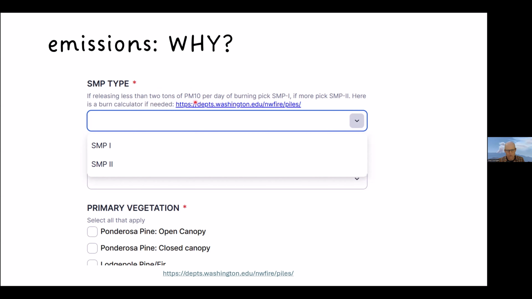But as a rule of thumb, this particular state smoke management program has decided we can make people do some extra paperwork at that. That's our comfort level for a cutoff of when we really want to dig in and make sure all the ducks are in a row and the day is a good day and the fuel is dry and not going to make too much smoke and the burn boss knows what they're doing, et cetera. So really that's what happens when you hit SMP 1 or 2. If you hit SMP 2, you're going to have some more questions and a harder look will be taken at your project.